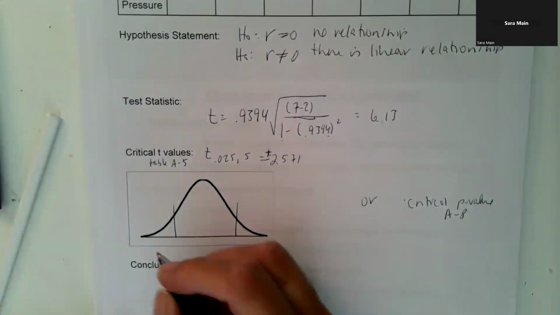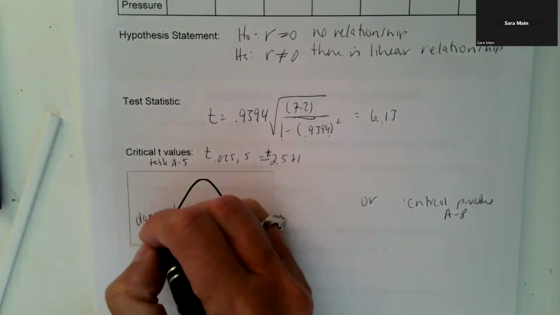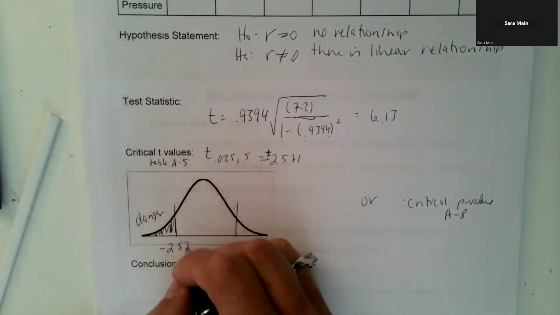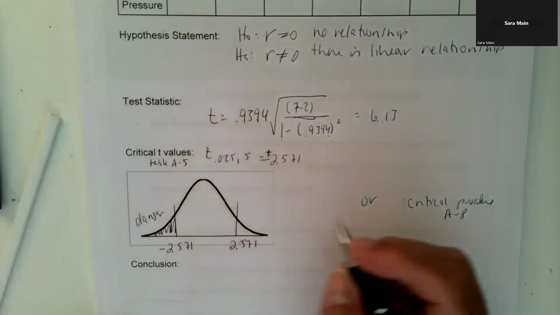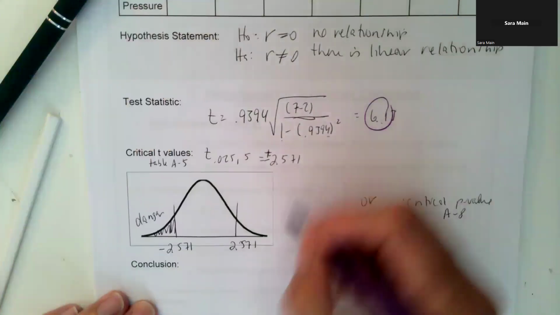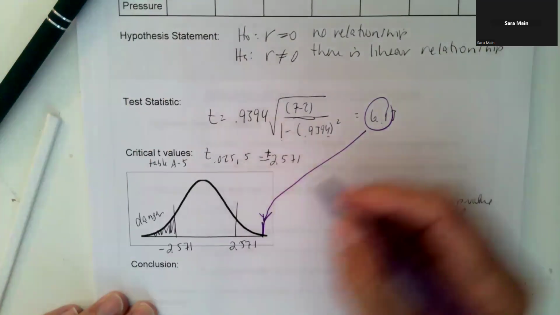Okay, so we have critical danger area is anything out here. So smaller than a negative 2.571 or bigger than a positive 2.571. And this is us. We're way out here. So very dangerous.